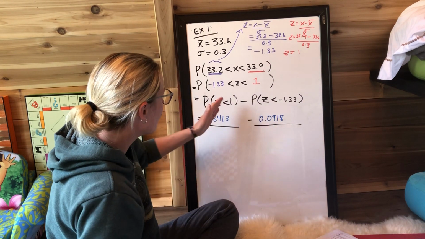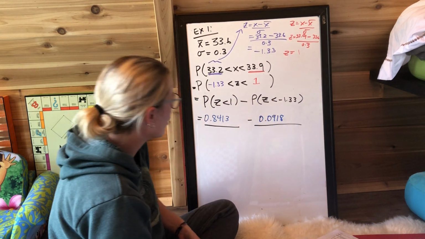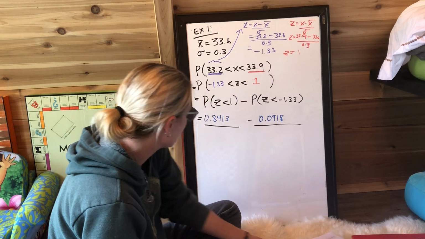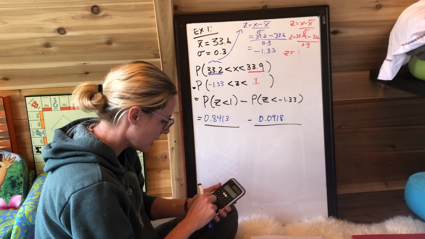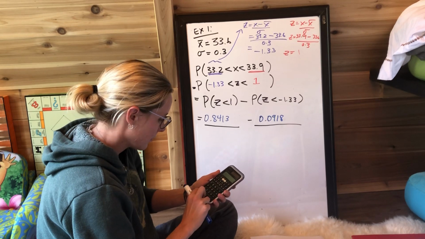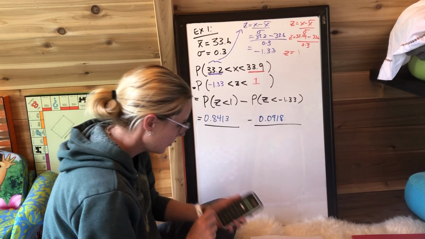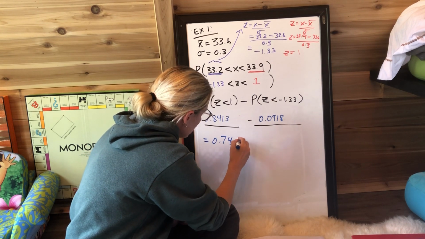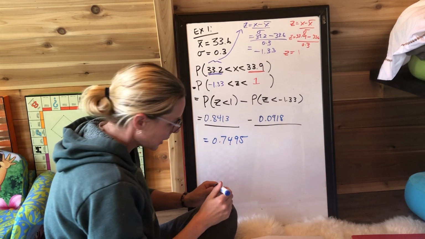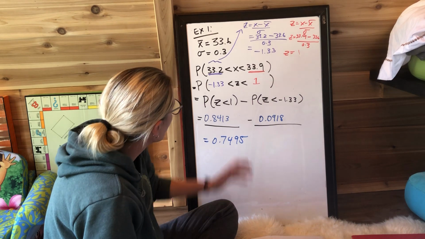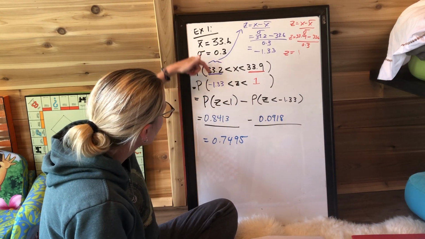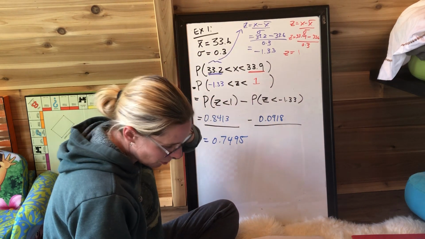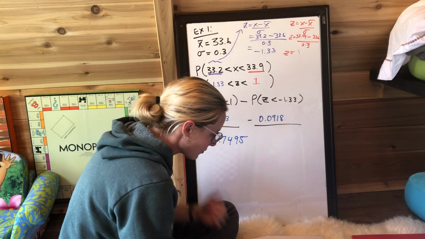Okay, so it's basically 84% are less than 1, but 9% are less than negative 1.33. We subtract those values to find what's in between. So it's 0.7495. So basically 75% of the values are between 33.2 and 33.9 for the bolt size.